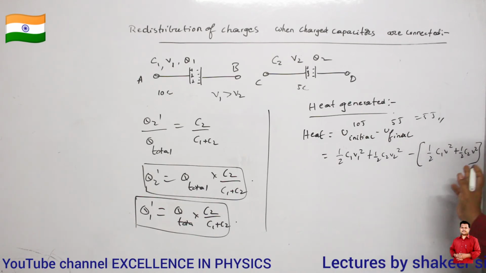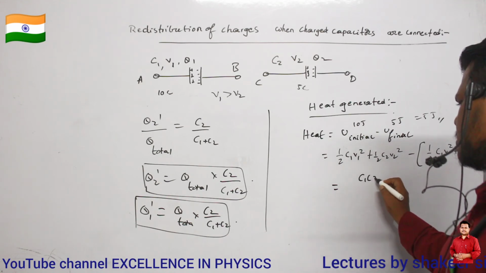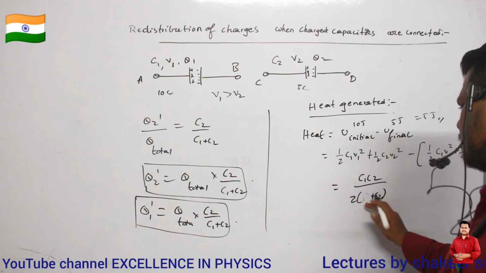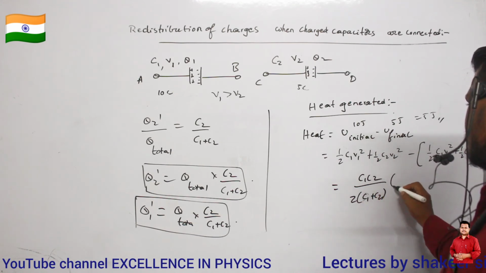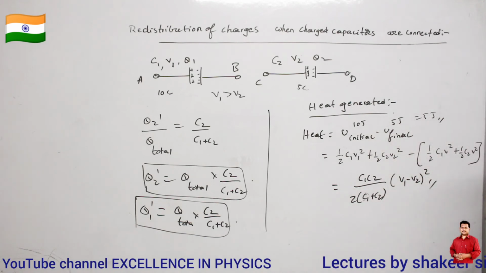This is the total amount of heat generated. If I simplify this, I will get C1 C2 divided by 2 into C1 plus C2, multiplied by V1 minus V2 whole square. This will be the equation for the total amount of heat generated.